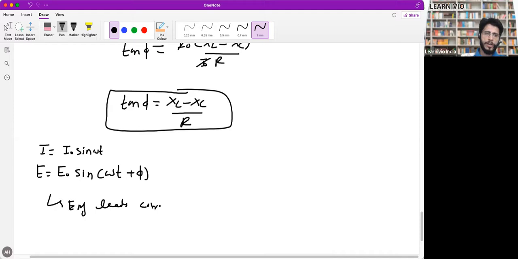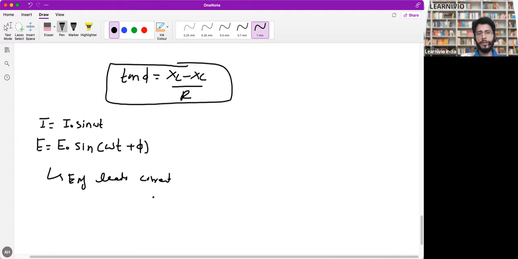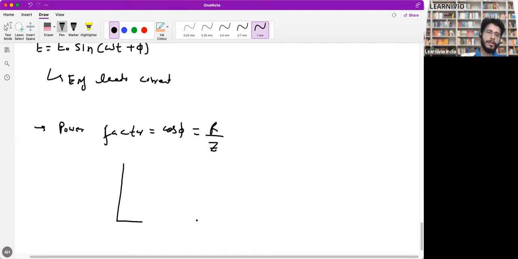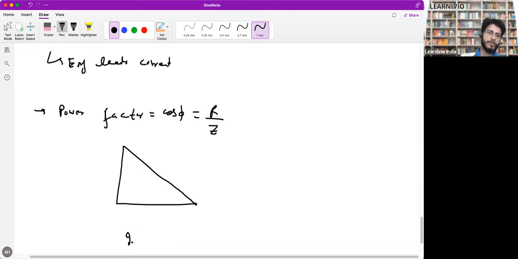Next we have power factor, we have average power, everything. So here power factor is cos phi, which we write as R by Z. See how we calculate R by Z. We make a triangle which we call impedance triangle. In this triangle, this angle is phi.